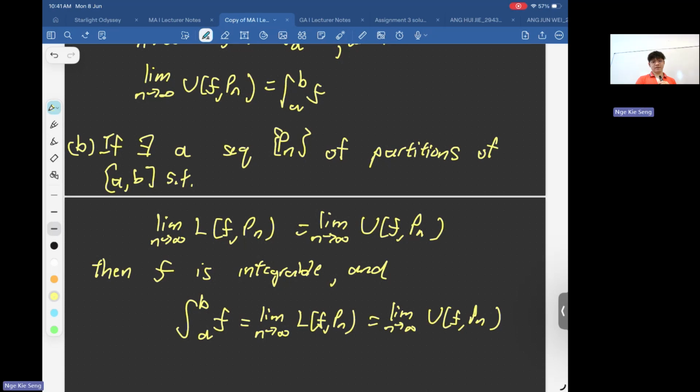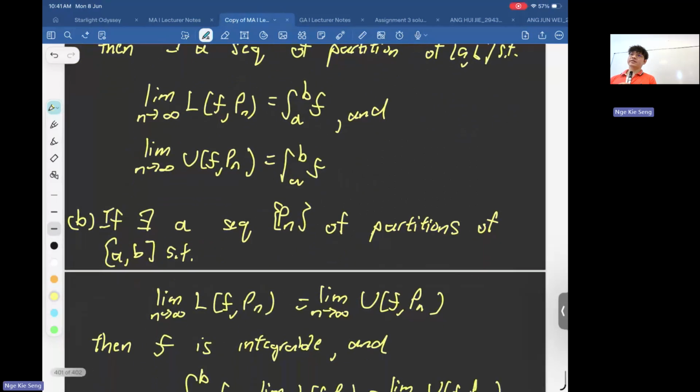Let's see. Which one are you interested in? Do you want to prove A or do you want to prove B? Which one is more interesting?